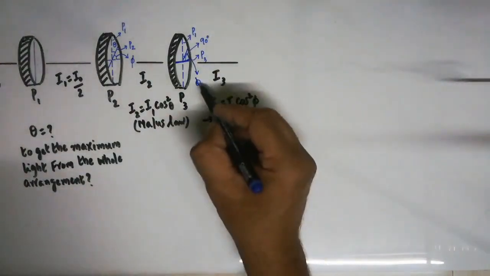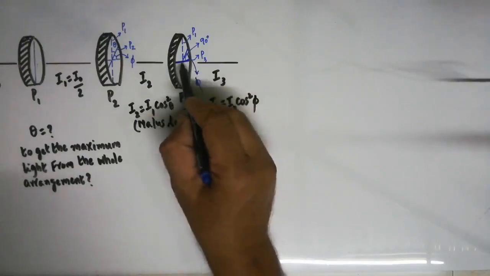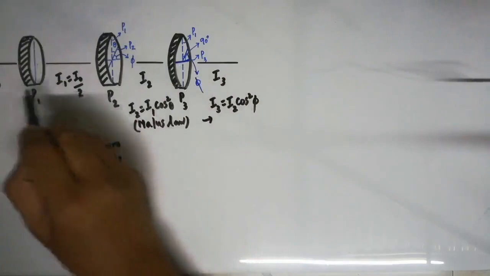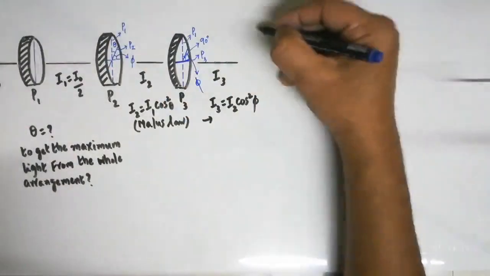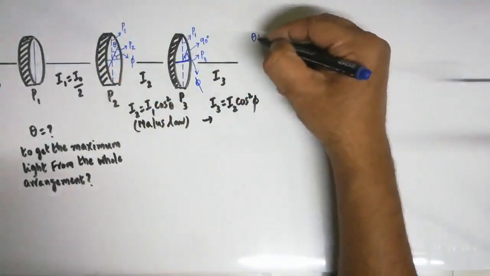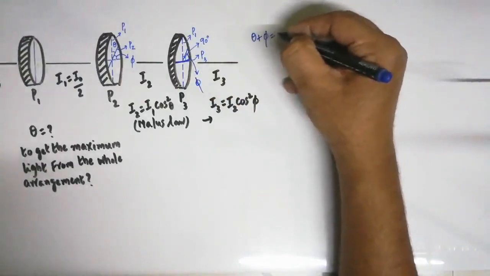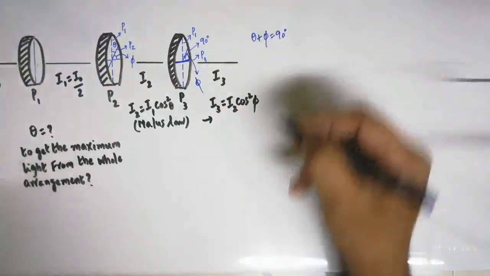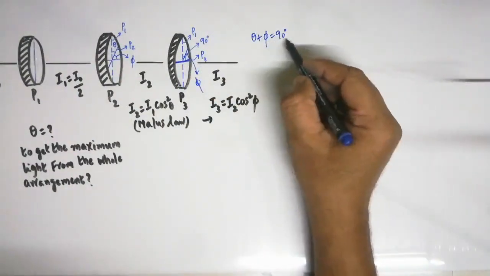After rotating the third polaroid through an angle of phi, what happened now? The angle between the transmission axis of the third polaroid and the first polaroid becomes 90 degrees. Therefore, if theta, the angle of rotation of the second polaroid, and phi, the angle of rotation of the third polaroid, are added, you will get the total angle 90. This is the most important step that you have to understand.